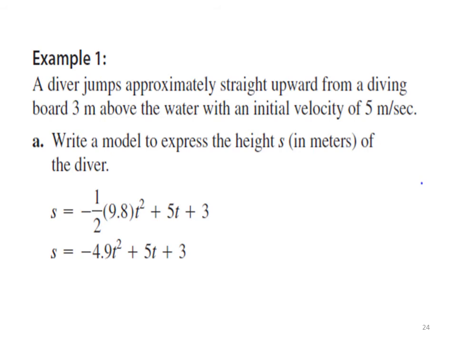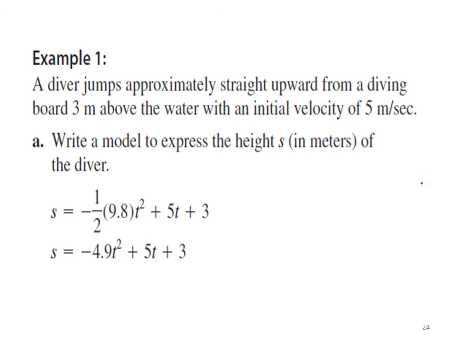We want to simplify the equation, multiply -1/2 times 9.8. The model then becomes S equals -4.9 times T squared plus 5T plus 3. S is the height as a function of T, the time, is equal to -4.9 T squared plus 5T plus 3.